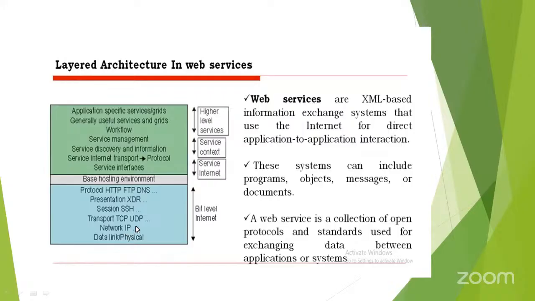So here, in this bit level, the protocols are used to exchange information between one web and the web services. Different protocols are used. In the last class we discussed HTTP and Telnet. Telnet is for remote systems access, exchanging information or messages between remote systems.